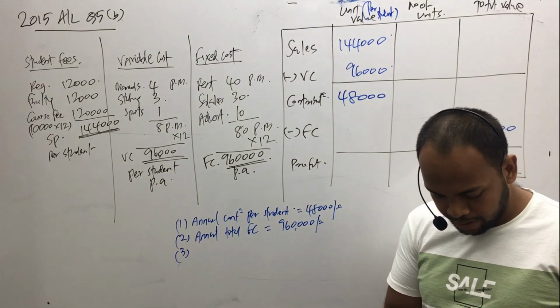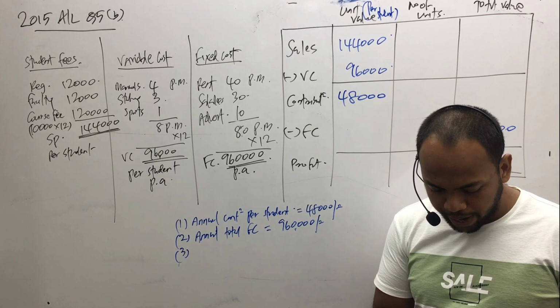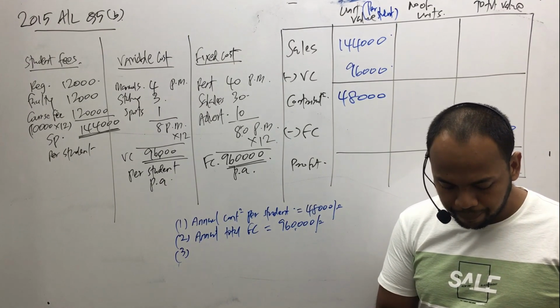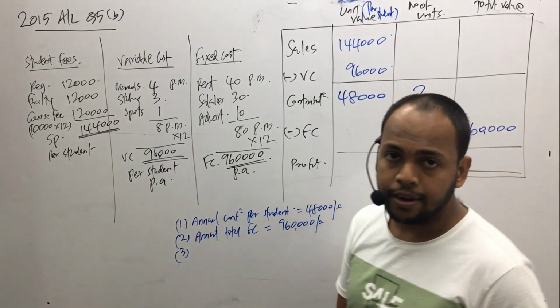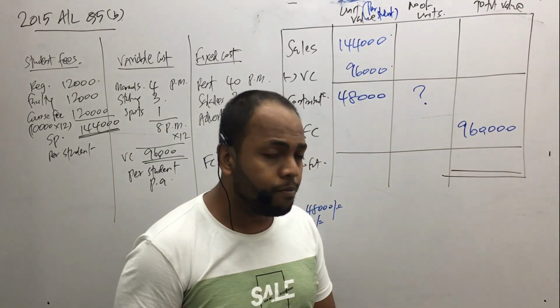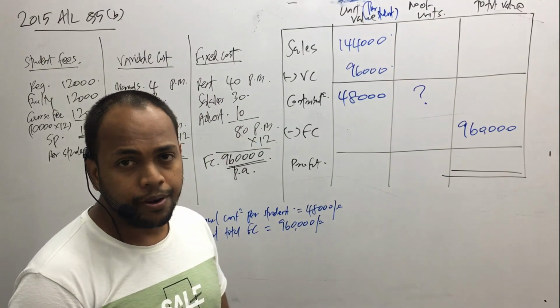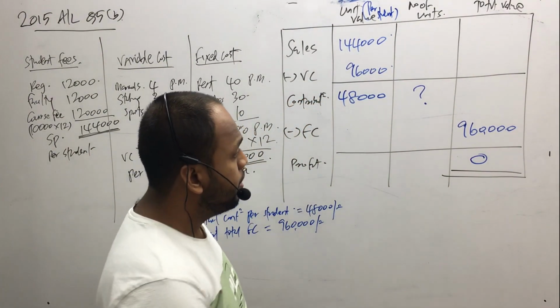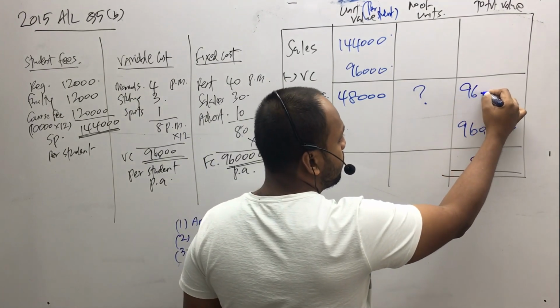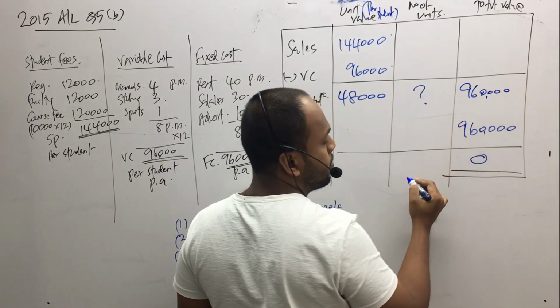Number 3. The number of students required to be admitted to cover the total annual cost. They are asking this. Right. Every question is very much similar, which is break-even point. To have zero profit, we need a contribution of 960,000.